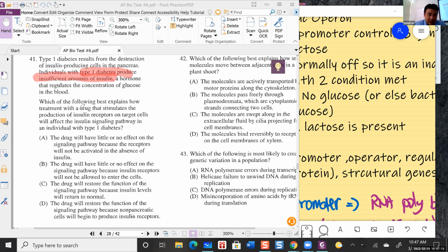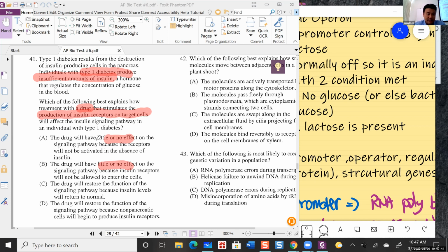So if the drug stimulates production of insulin receptors on the target cell, that's not going to help at all. The problem is they don't have insulin, not because the receptors are faulty. Okay, so the drug will have no effect, so either A or B. Again, type 1 is because they don't produce insulin, because of autoimmunity. And you're trying to stimulate the production of the receptor, that's not going to help them if they don't have insulin in the first place, right?